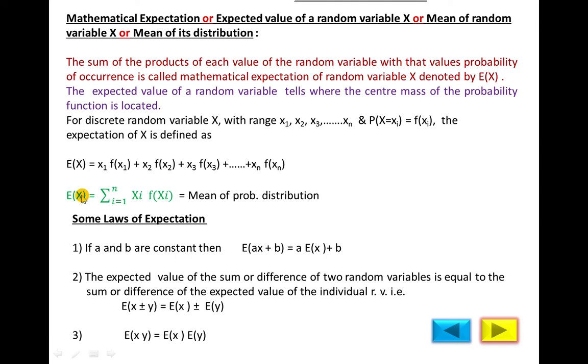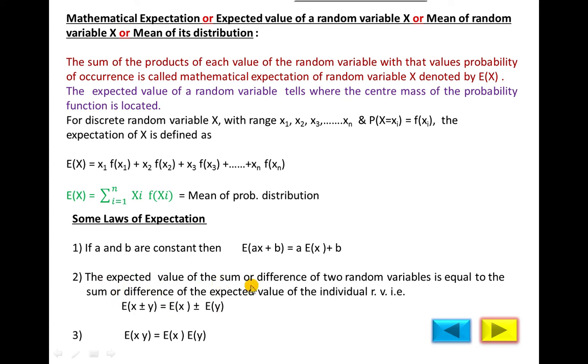Either if this value is x square, x cube, or ax plus b, we will multiply by the corresponding probability. So if this value is x, we write here x. If this value instead of x is ax plus b, we will write here ax plus b. We will prove this numerically. This is the first law.